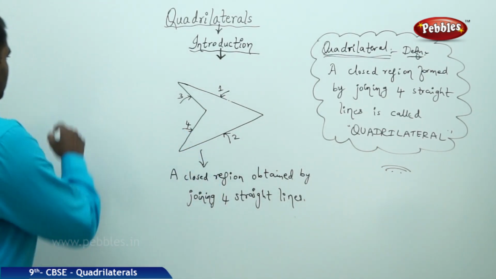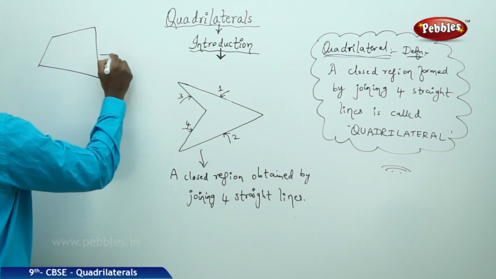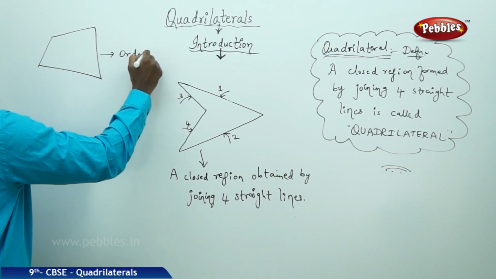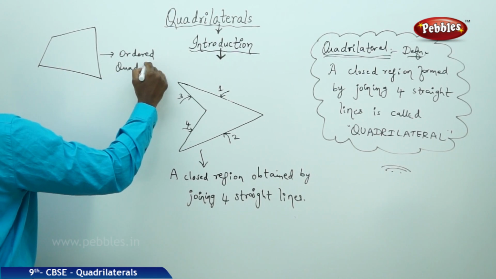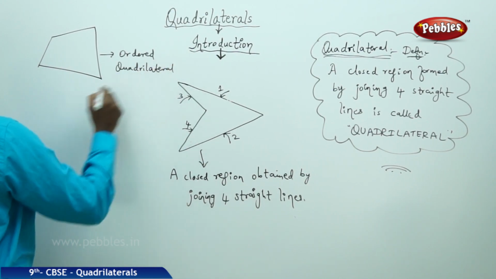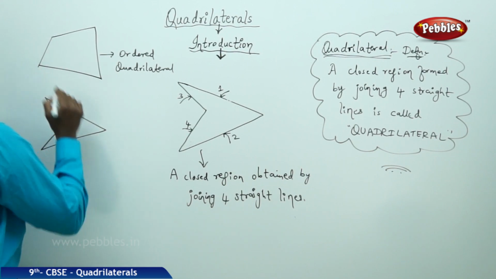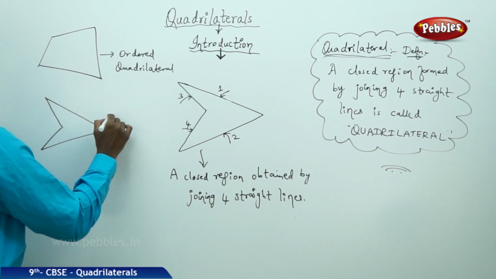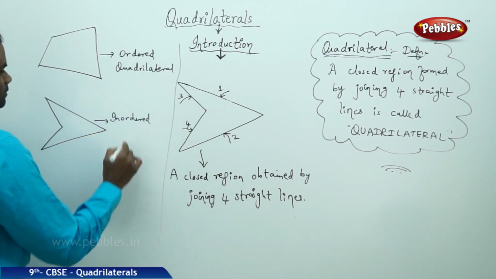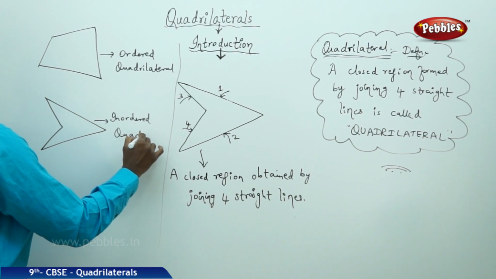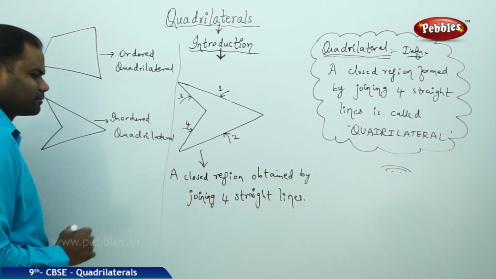One, where the quadrilateral of this form is called an ordered quadrilateral, and I have a quadrilateral of this form, which is an unordered quadrilateral.